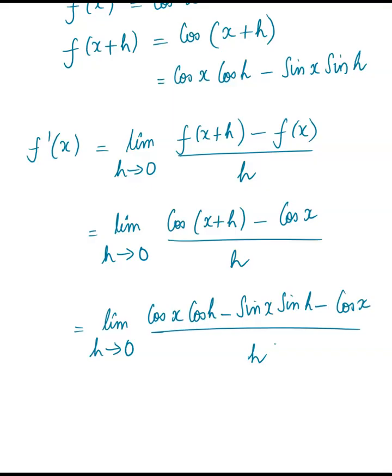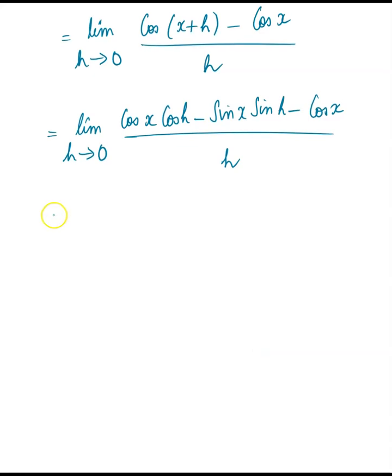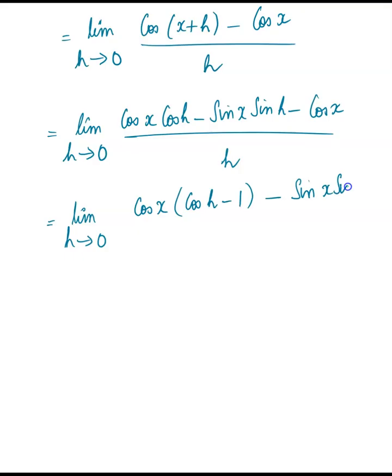What I plan to do now is collect all the cosines together and separate them from the sine x. Cosine x is common, so I have cosine x times cosine h minus 1, minus sine x sine h.